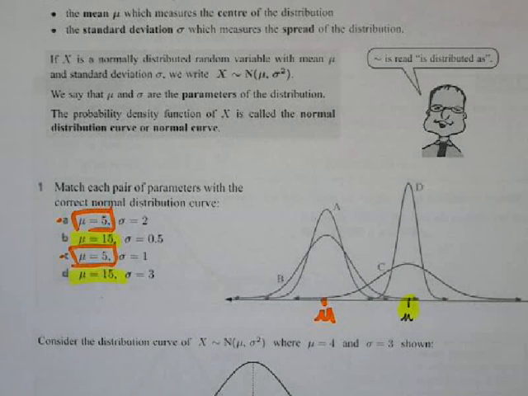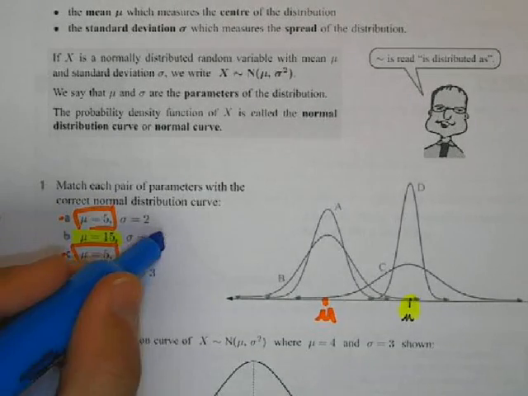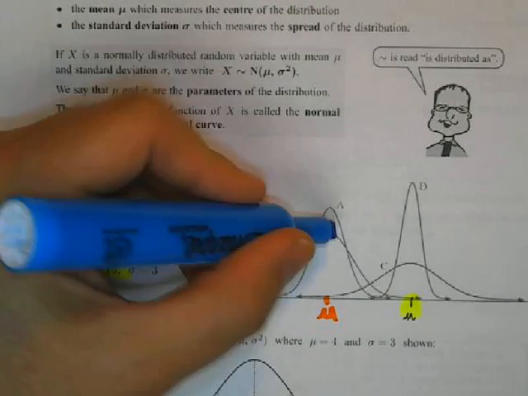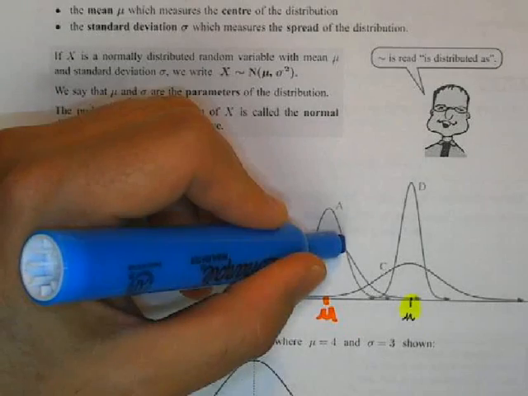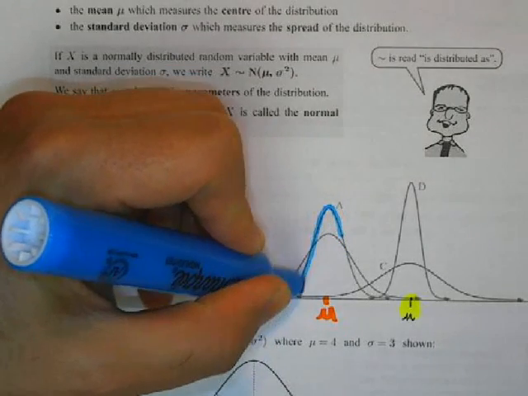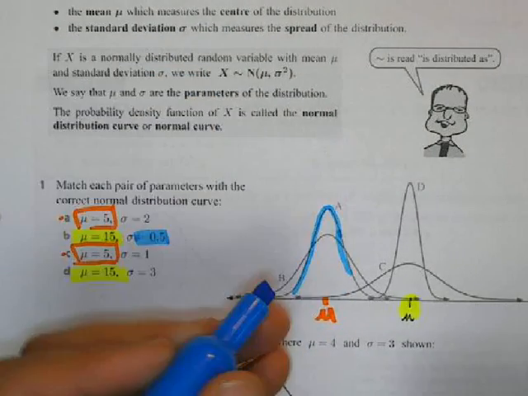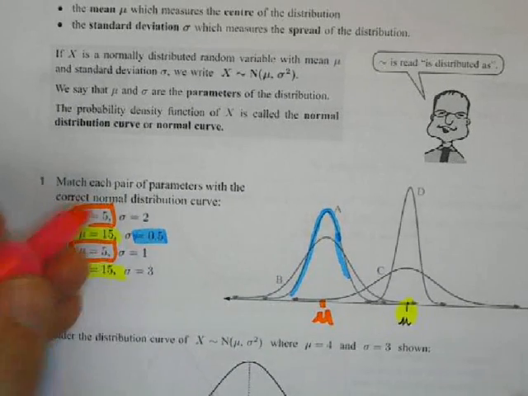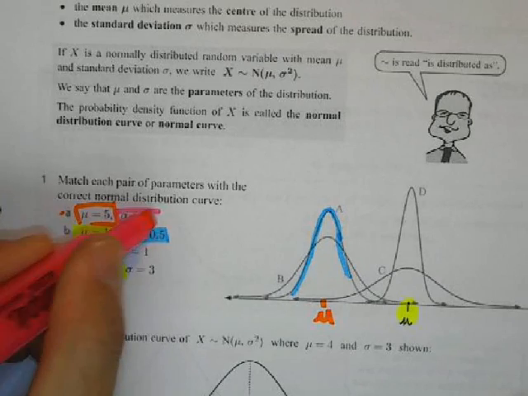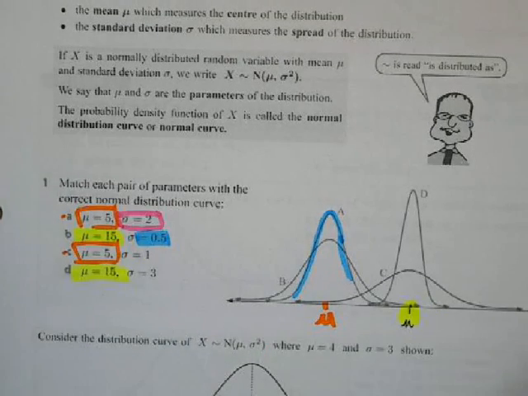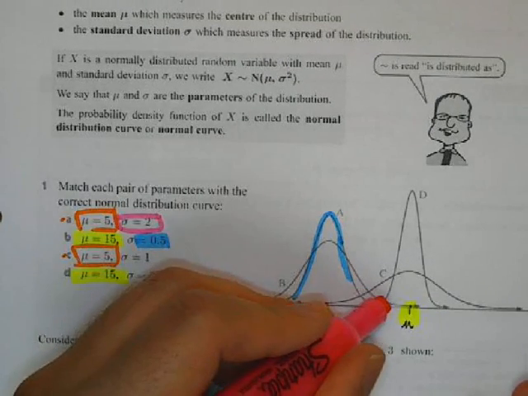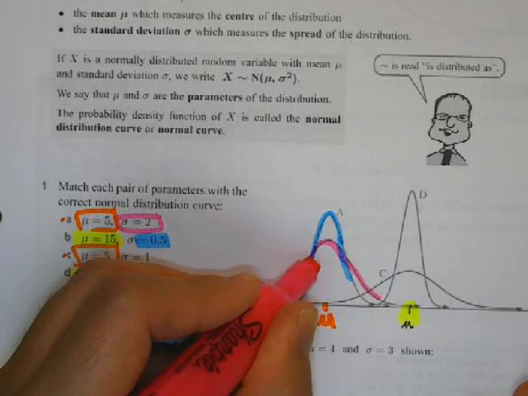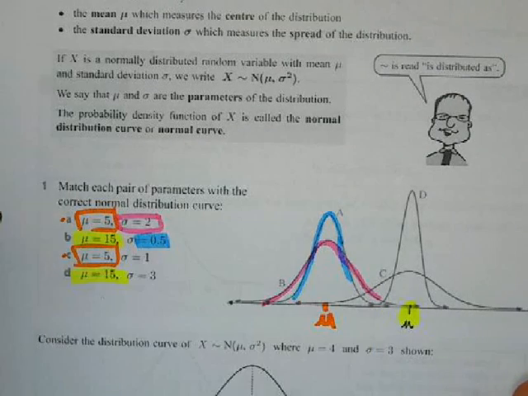Okay. Now notice here, this has a very small standard deviation, so because it's very small, the peak is going to be higher, okay, and it's more squished in. Whereas this one here has a much bigger standard deviation, so the spread is going to be greater, and it doesn't go as high.